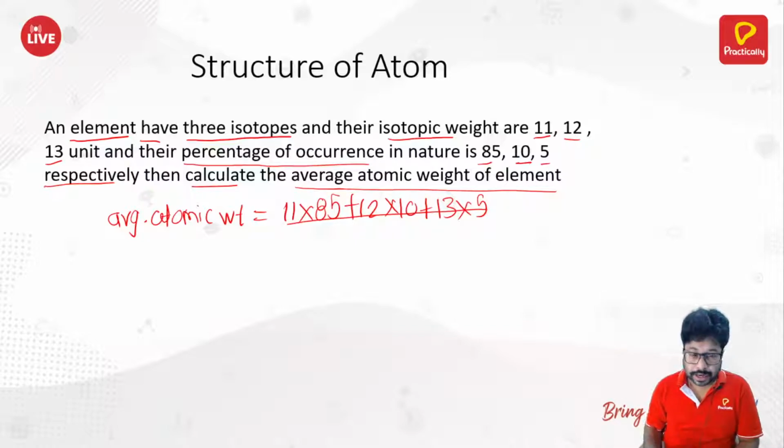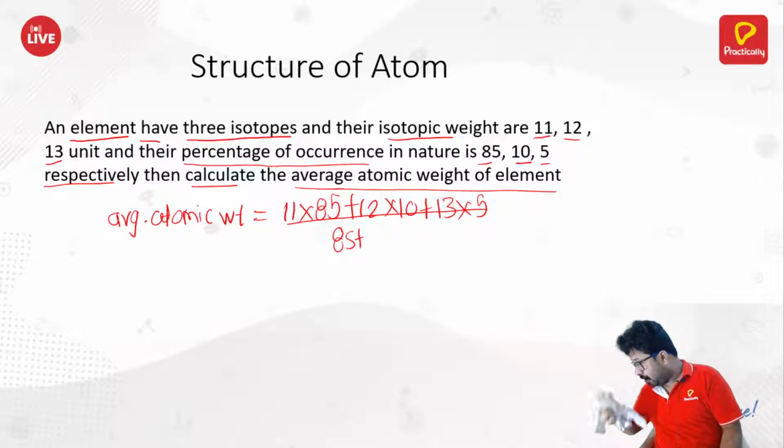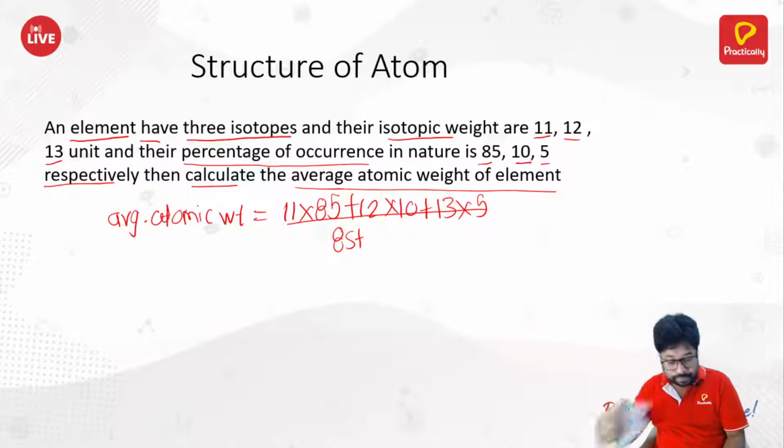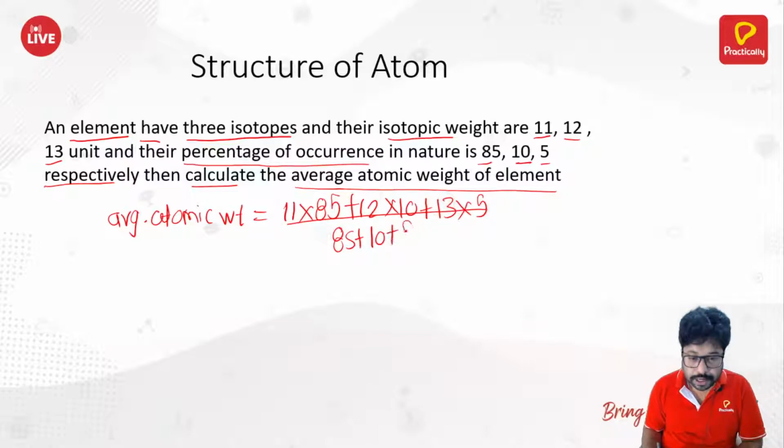Divided by 85 plus 10 plus 5, which is obviously equal to 100, right?